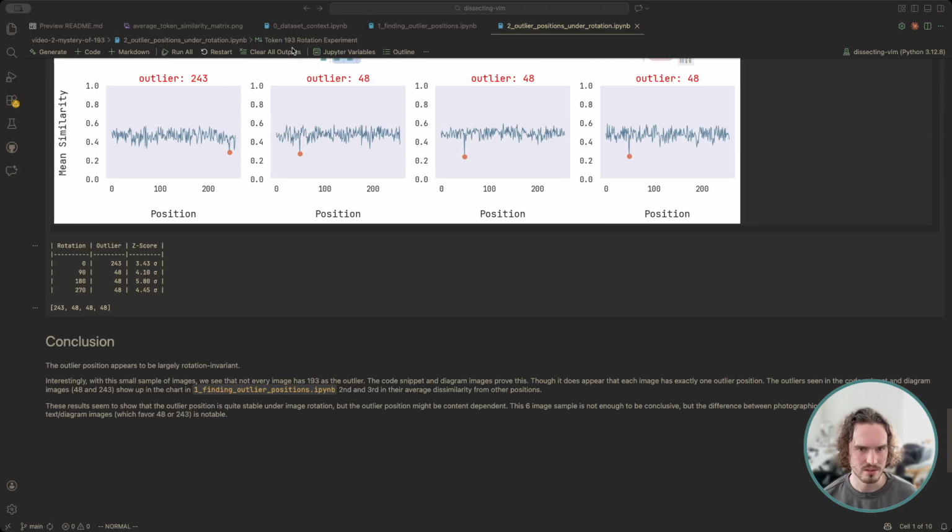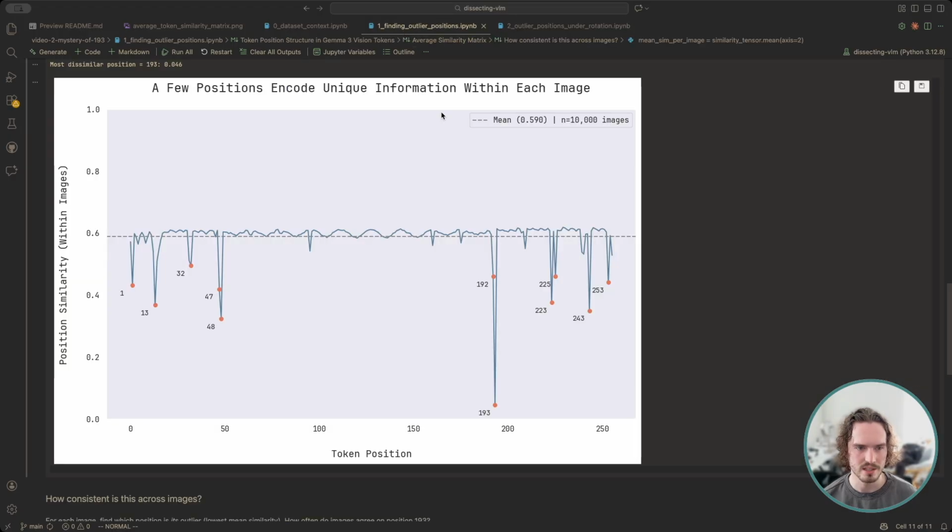And interestingly, if we go back and look at our plot of the most dissimilar positions, we see 48 and 243 show up as second and third in our ranking.